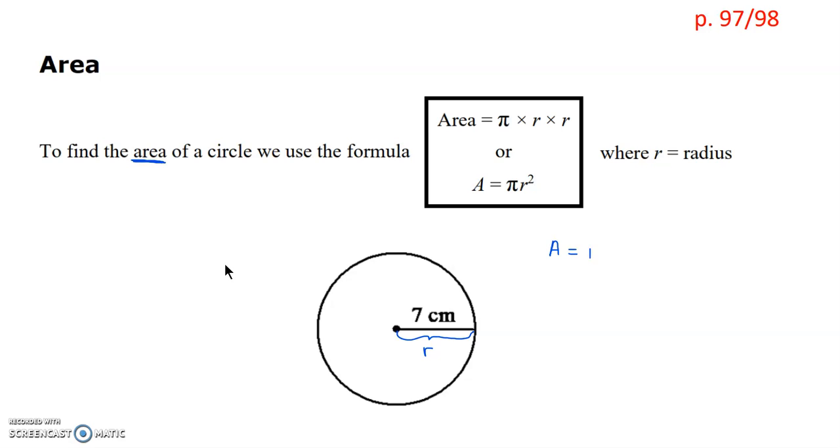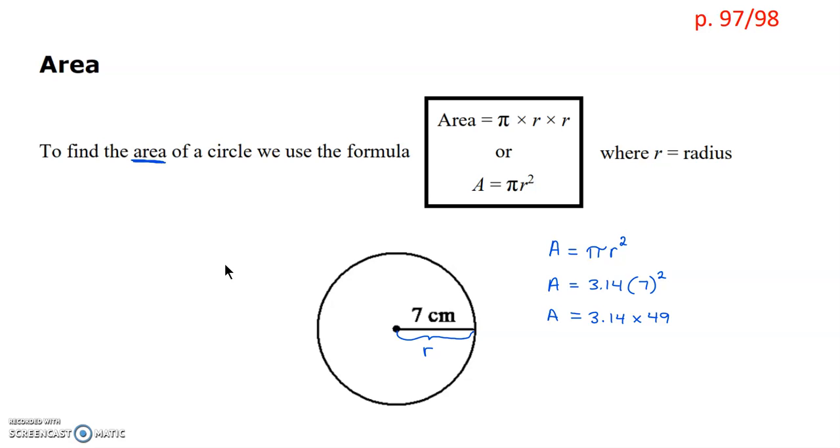So we're going to take pi, and then take the radius and multiply it by itself, or square it. So we're going to take 3.14 times 7 squared. Now remember, we're only squaring the radius, so we don't want to do 3.14 times 7 all squared. What we want to do is 3.14 times 7 squared, which is 49.